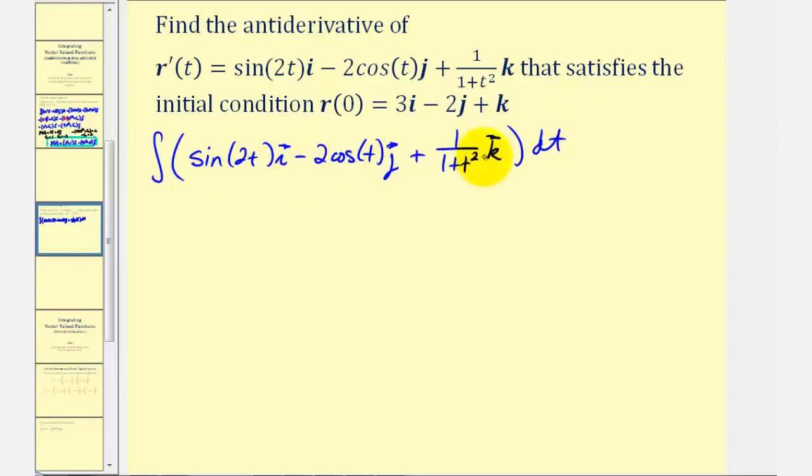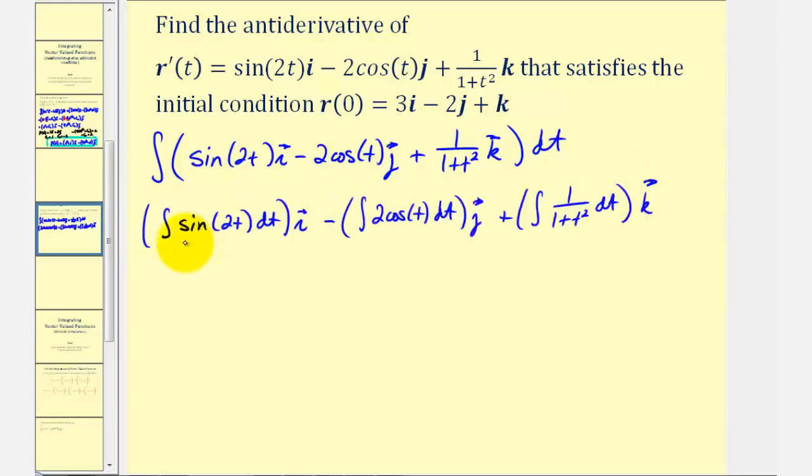And now we'll integrate each component individually. Notice to integrate sine 2t, we have to perform u substitution, where u is equal to 2t and differential u is equal to 2 dt. So if we divide both sides by 2, notice how we'll have an extra factor of 1/2 when writing in terms of u.